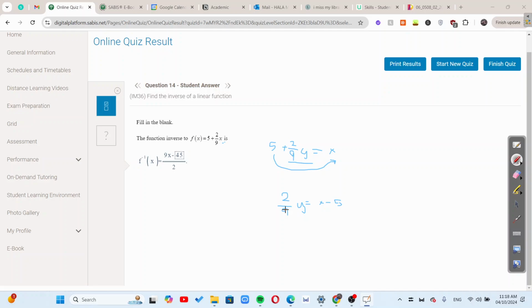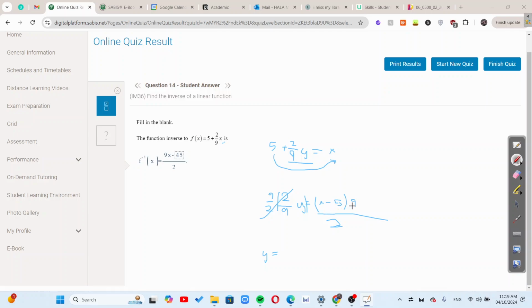So now you need to get rid of this. We know to get rid of this, you have to multiply all of this by the inverse, which is 9 over 2. And if you're multiplying one side, you have to multiply the other by 9 over 2. So now these two will cancel out, so now you're left with y equals this.